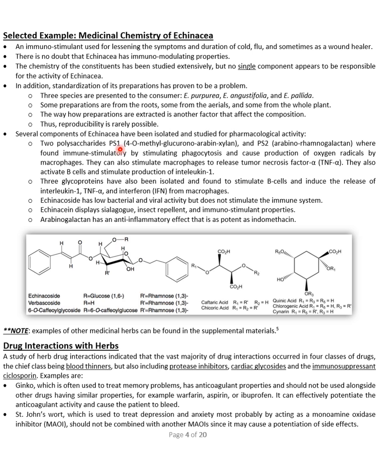I do not expect you to memorize any of these structures or to memorize any of these functions. This is just an example of how an herb would have many components and it's difficult to standardize it.